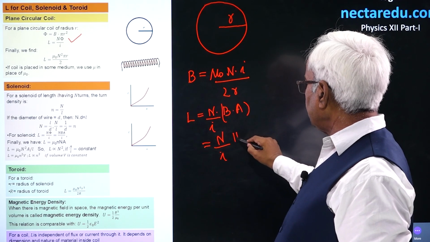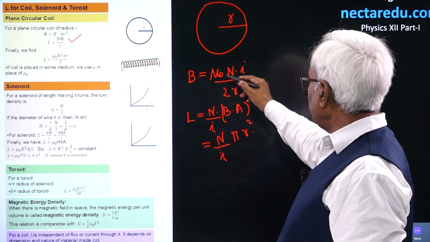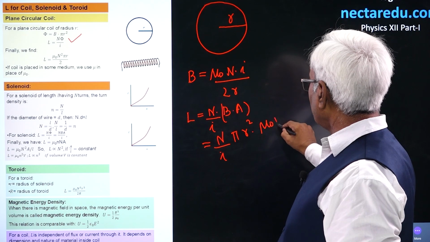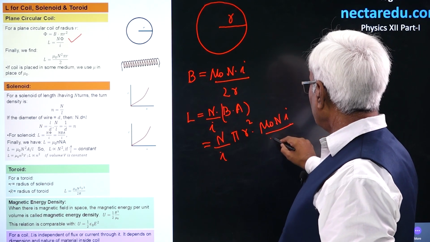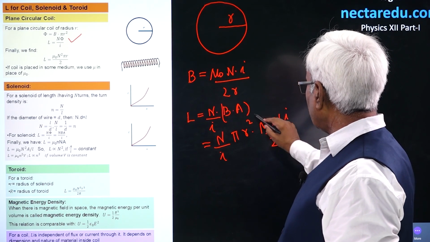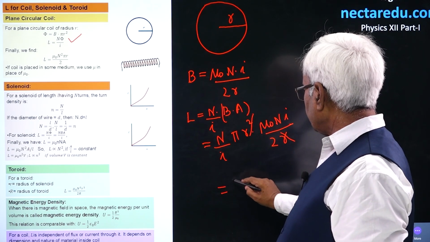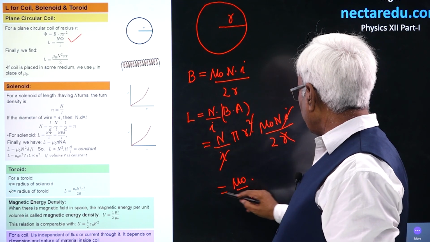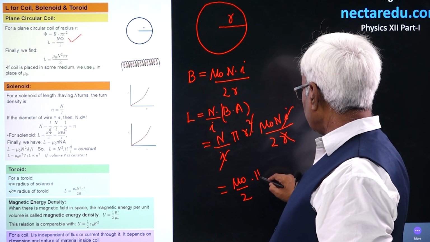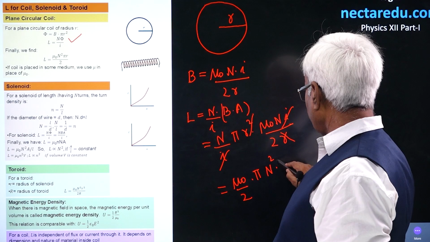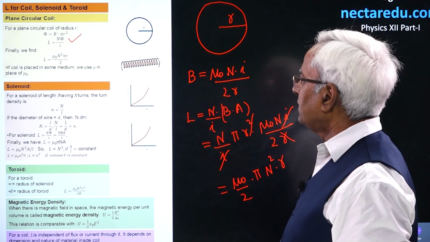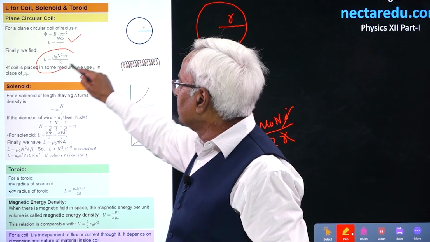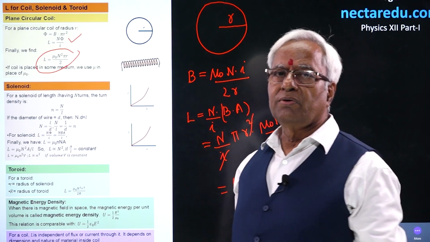A is pi r square, and B is written over here as mu naught N I over 2r. R gets cancelled. This is the relation mu 0 upon 2. I also gets cancelled. This is pi n square r. That is the value of self-inductance for a plain circular coil.